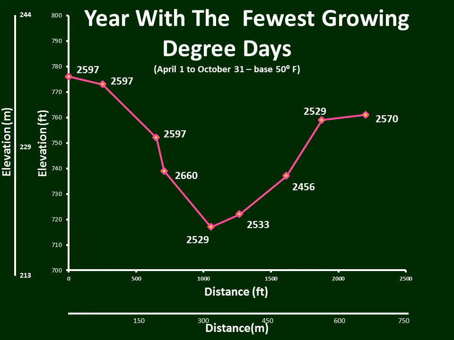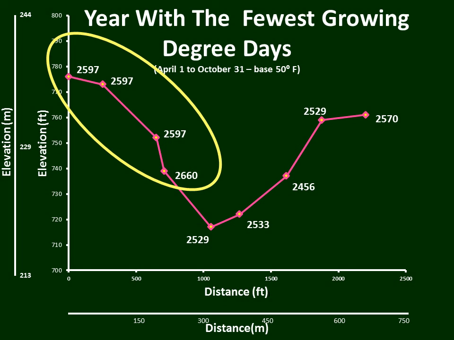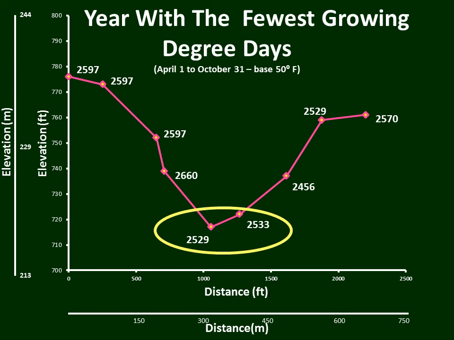So, we'll look at that April 1 to October 31 time period for the year with the fewest growing degree days before we move on. And once again, these sites on the north side of the valley facing south have a somewhat higher growing degree day accumulation than perhaps over here or here. But the truth is, in 2009, there was a general advective freeze.